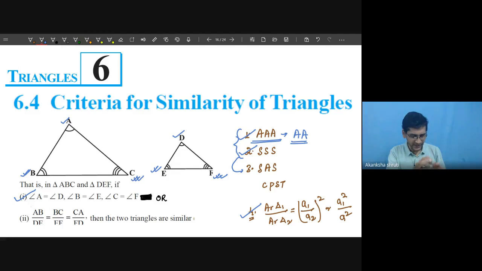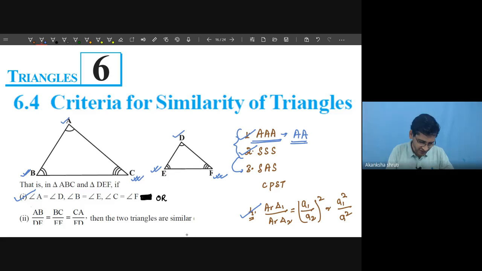One side of triangle ABC, let us take AB, and the corresponding side of triangle DEF, DE. So AB by DE is one ratio. This ratio equals the ratio of the other side, BC by EF. This is also equal to AC by DF. Then these two triangles are also similar.